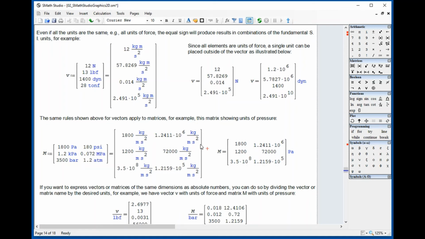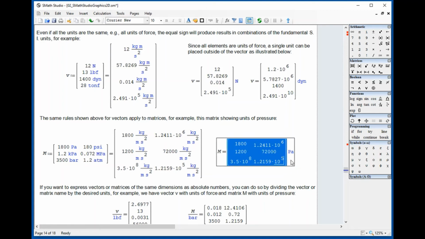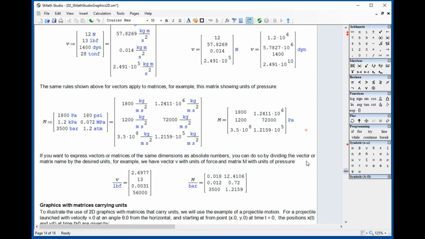And so when you simplify things, you end up with kilograms per meter times second square. If you take a common factor like Pascal, for example, you get your matrix of absolute values all multiplying Pascals. We could change this to, for example, bar, which is another unit of pressure, and this will be the result.